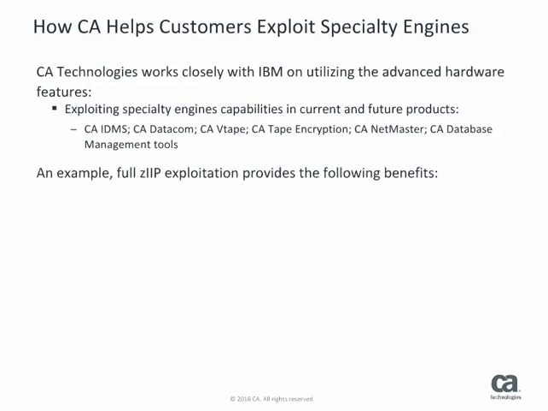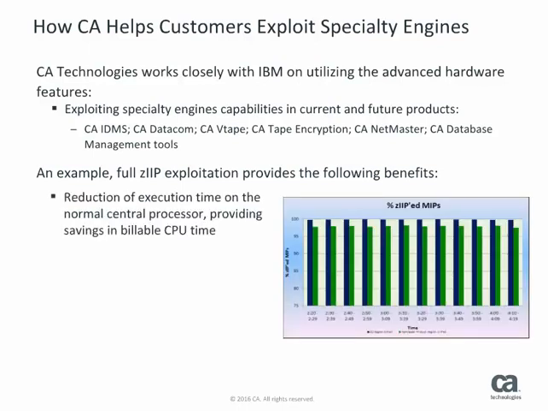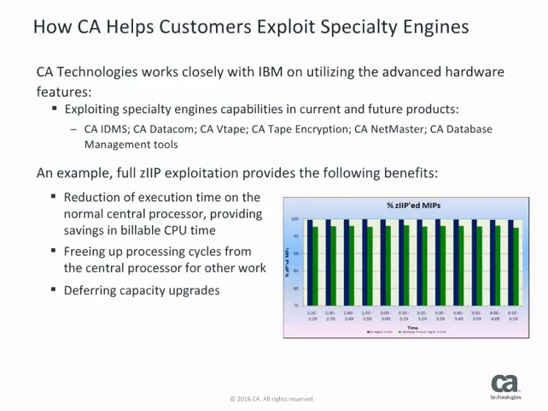This full zIIP exploitation has the potential to provide the following benefits: reduction of execution time on the normal central processor, providing savings in billable CPU time, freeing up processing cycles from the central processor for other work, deferring capacity upgrades, and exploiting the processing power of zIIPs.